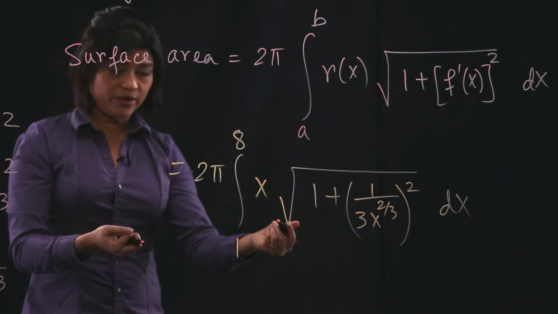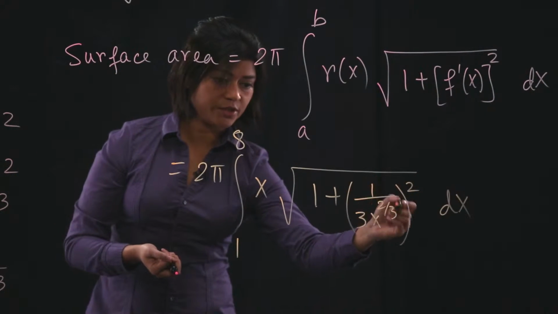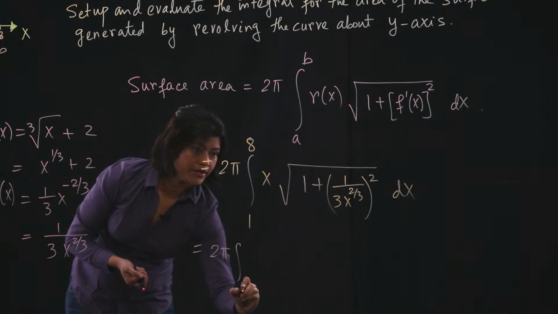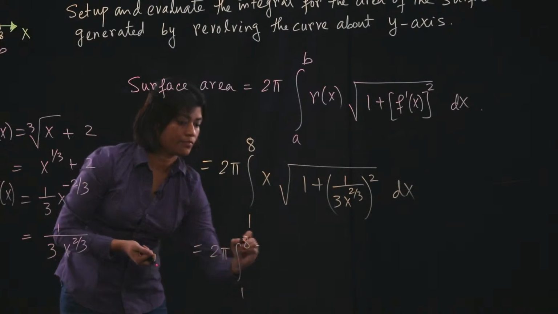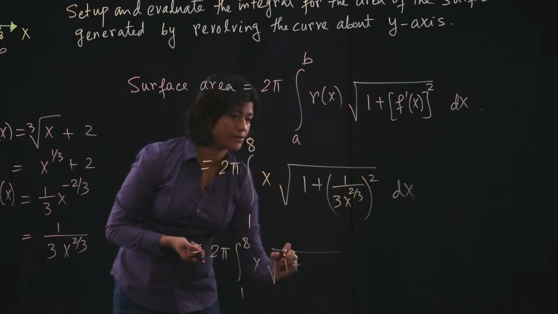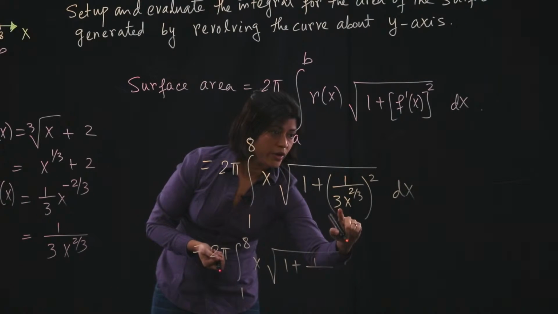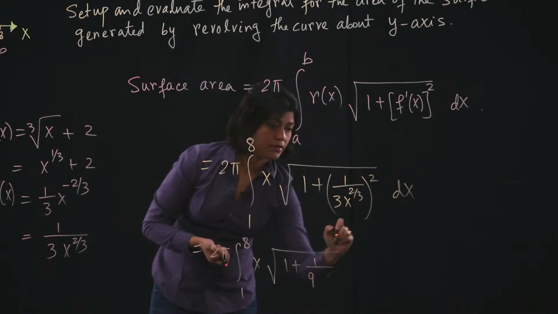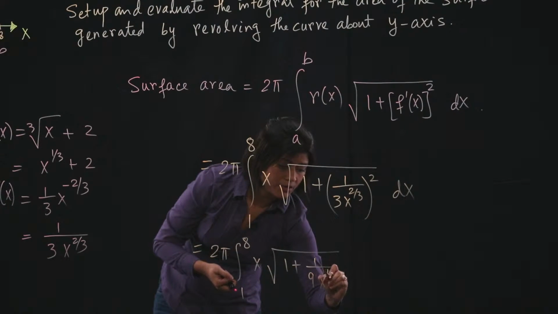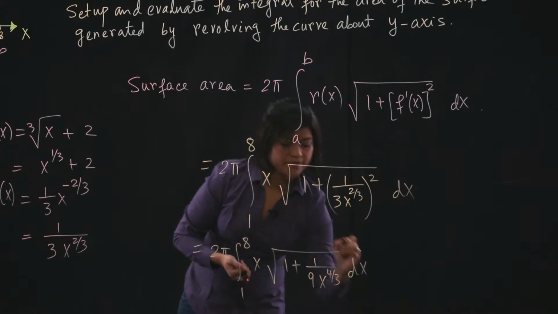Since we have to evaluate this integral, let us actually square this expression. So one more step: 2 pi integral 1 to 8 x square root 1 plus 1 over, so you're squaring 3, you get 9, and x to the 2/3 squared is x to the power 4/3, dx.